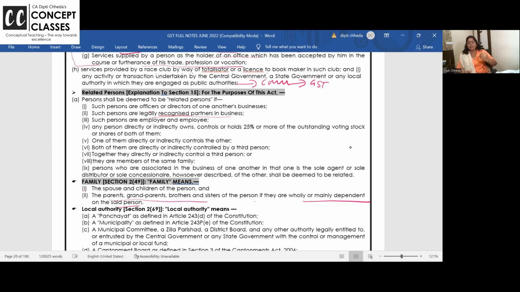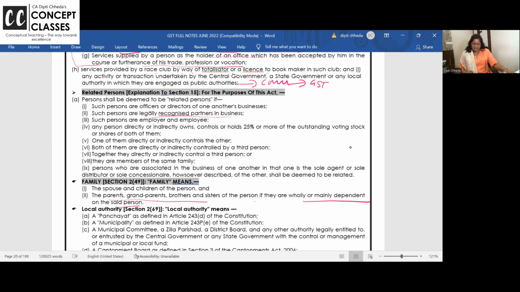Gift by employer to employee is also exempt up to 50,000. In income tax the limit is different, 7,500; here it is different. I'm just talking about related persons. So between related persons sometimes GST is levied, sometimes it's exempt. You'll see tomorrow. Schedules 1, 2, and 3 we are going to do for section 7 tomorrow.